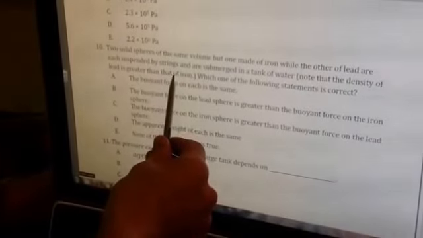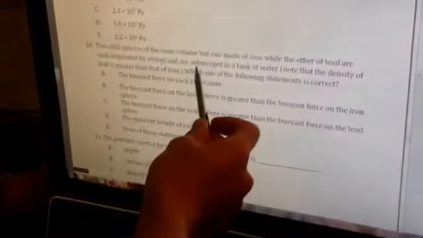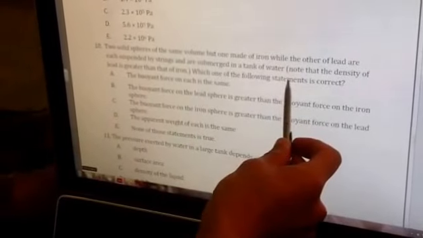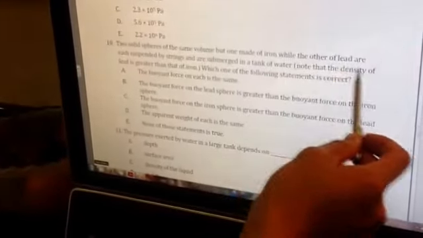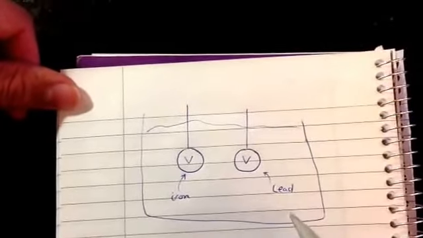Are each suspended by strings. So let's draw that. Suspended by strings. Okay. And are submerged in a tank of water. Note that the density of lead is greater than that of iron. So, they're both submerged in a tank of water. So this is water.